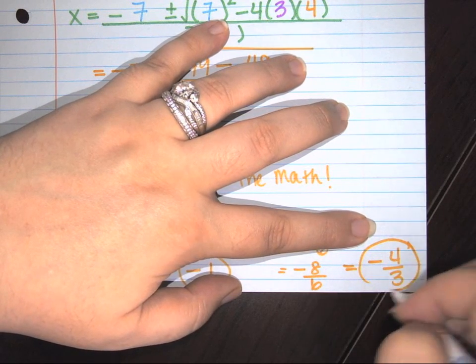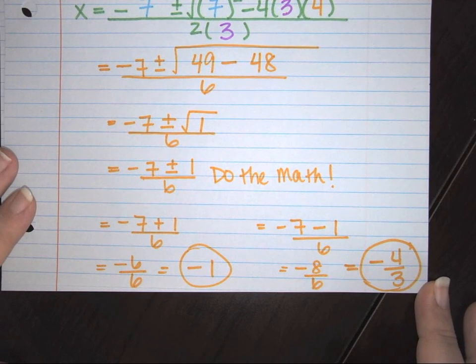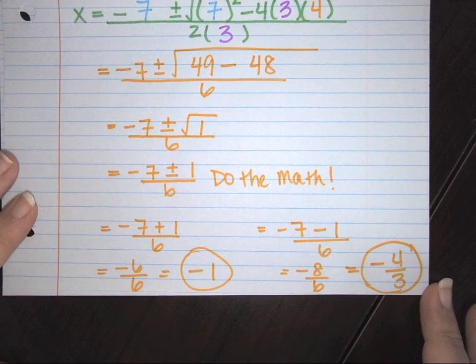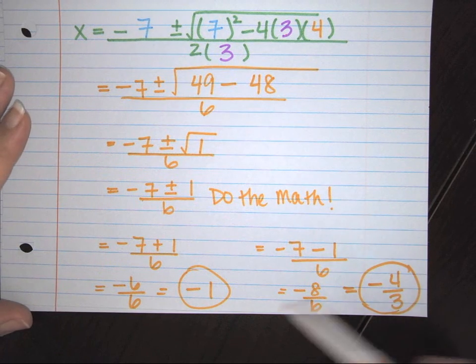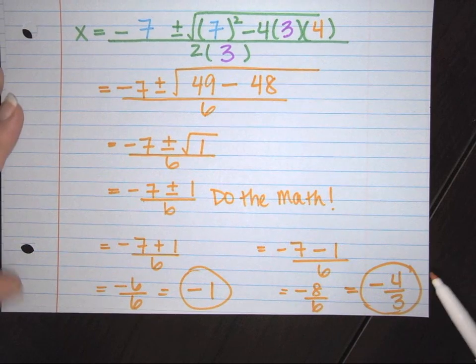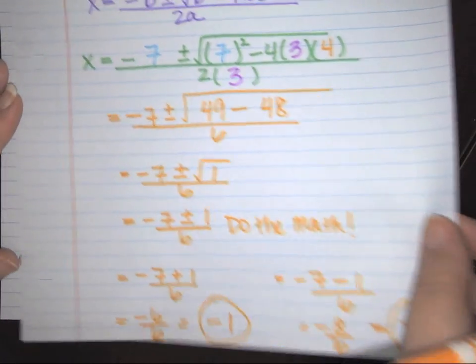And this is your second answer. Okay. So this would be the example of a quadratic that when you solve it, solves all the way down and gives you whole numbers or fractions as a result. Meaning the radical dissolves and goes away.